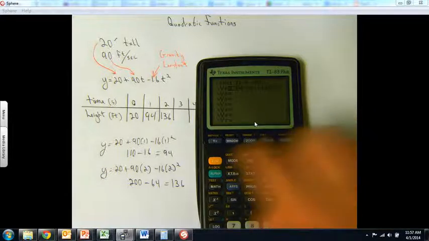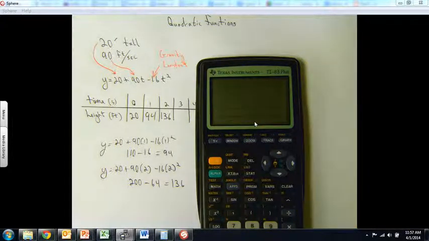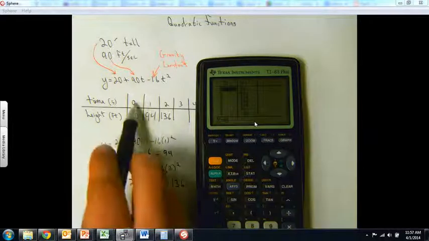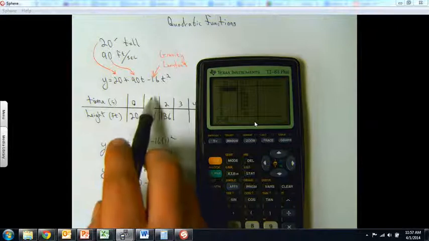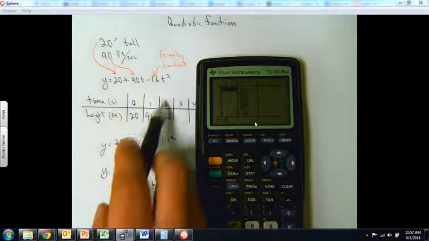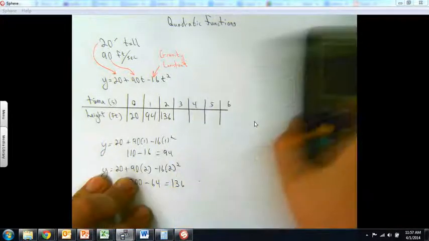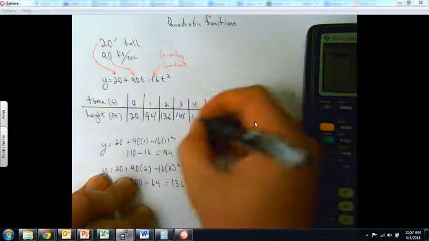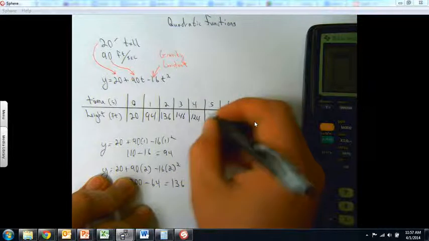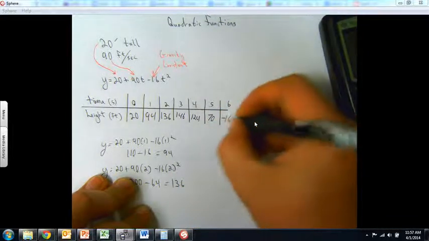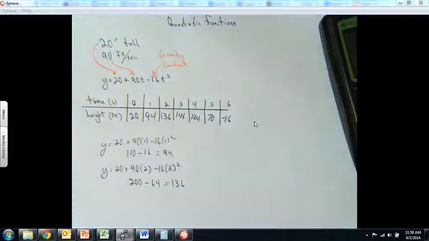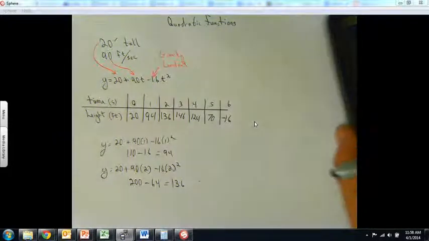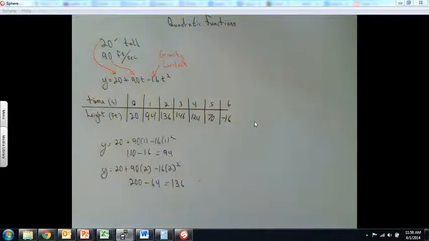If we look at our table, it's going to have all the information we need. 0, 20. 1, 94. 2, 136. 3, 146. 4, 124. 5, 70. And 6, negative 16. Now our height just hit negatives, which means the pumpkin has gone below the ground. So obviously it's hit the ground by then.